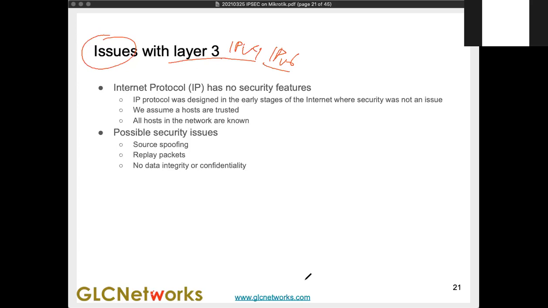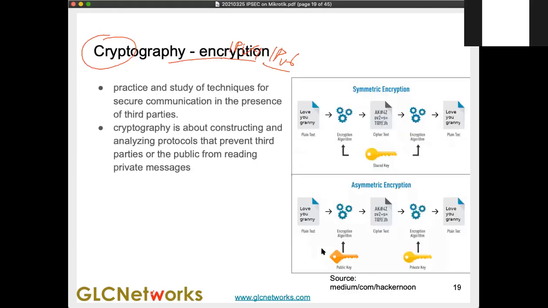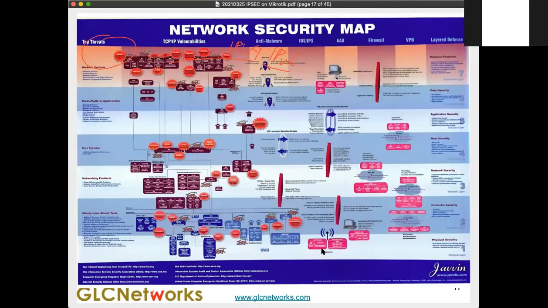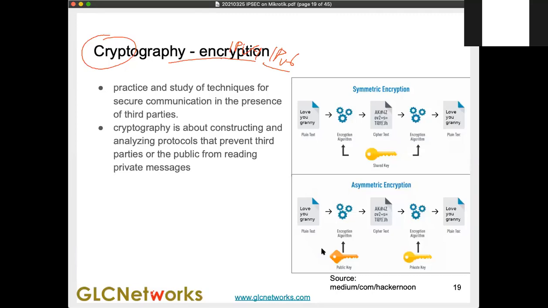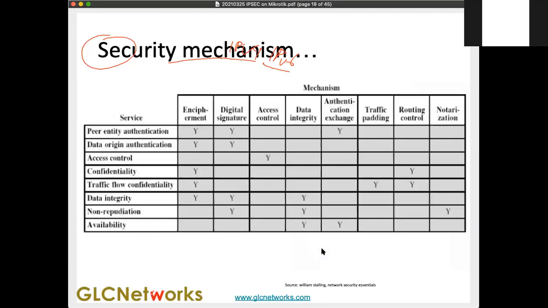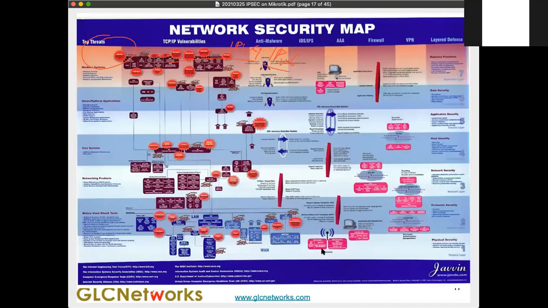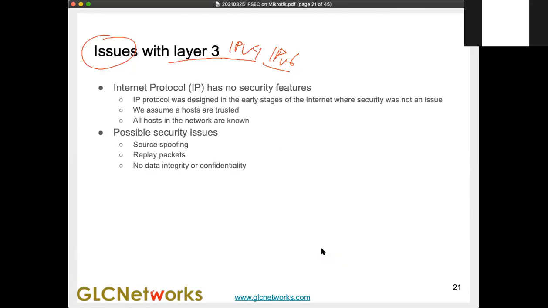We define security as in the previous slides: encryption, authentication, confidentiality, and integrity. But originally IP was not designed like that, so there are no security features, no AAA.